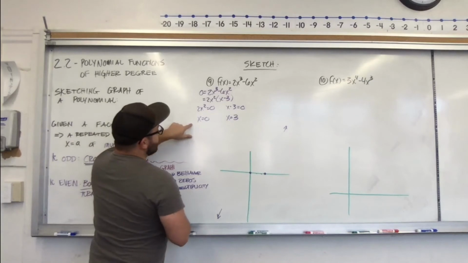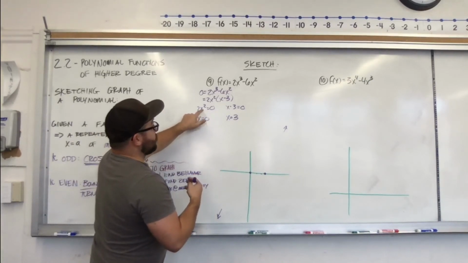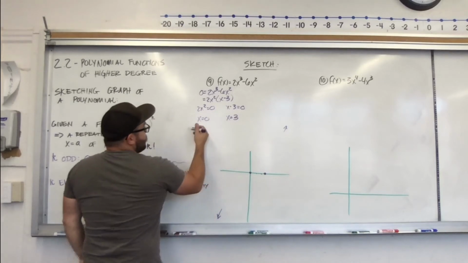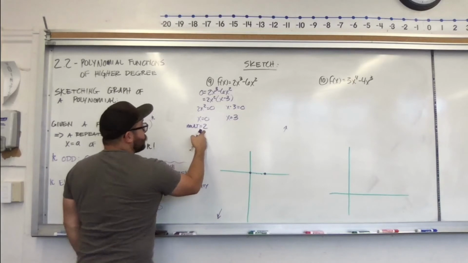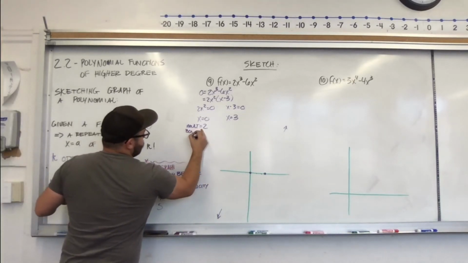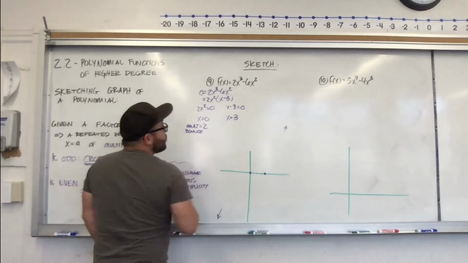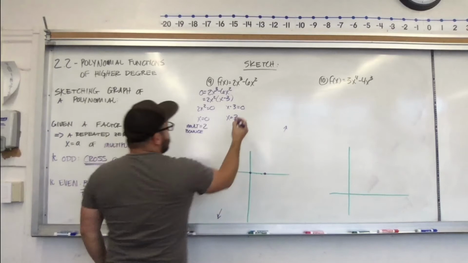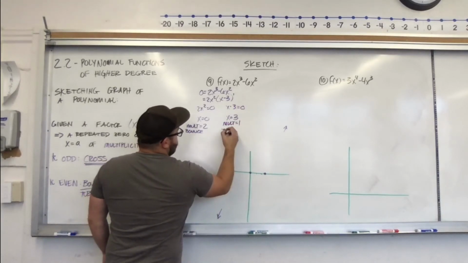This x equals 0 came from the 2x squared. So the factor of x was squared. So this has a multiplicity of 2, which tells me it's going to bounce. And our other one had a multiplicity. It doesn't show it, but anything that doesn't have a power is really to the power of 1. This is a multiplicity of 1, so this is going to cross.